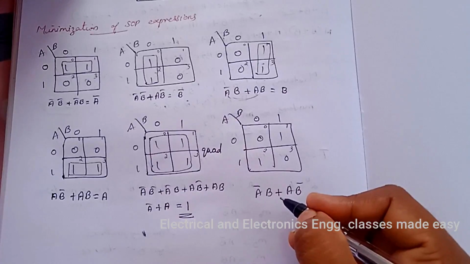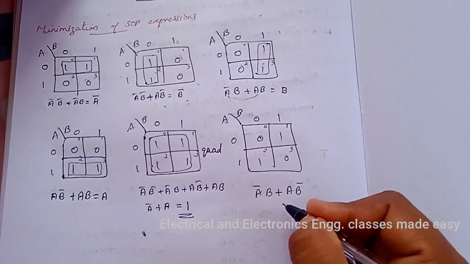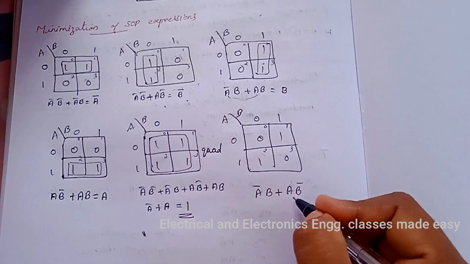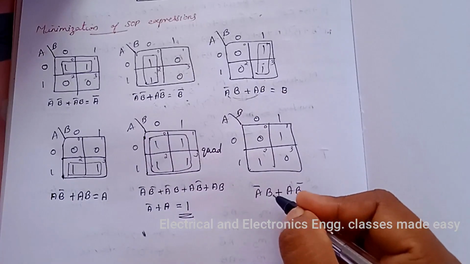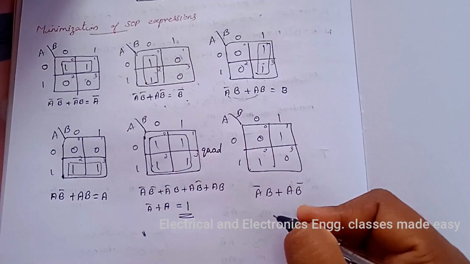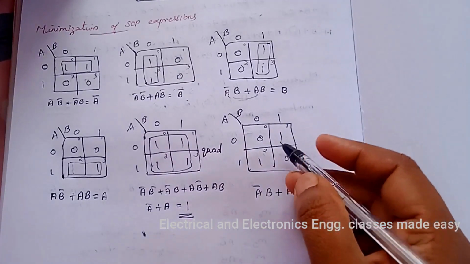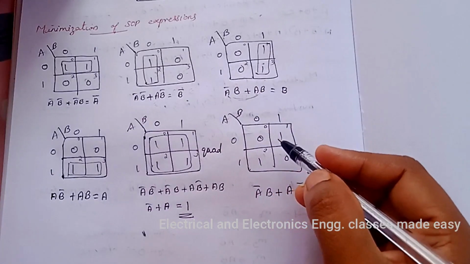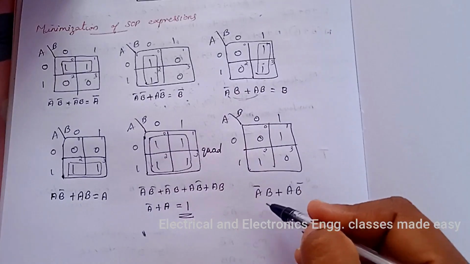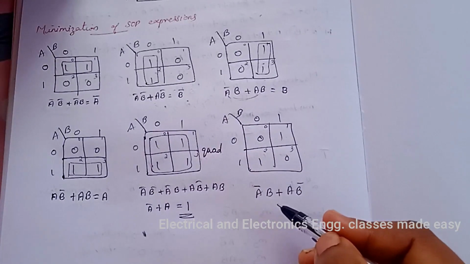So here they differ in more than one variable, and we cannot eliminate any variable here. So this is the answer itself. So if the minterms are not adjacent to each other, we cannot eliminate variables.